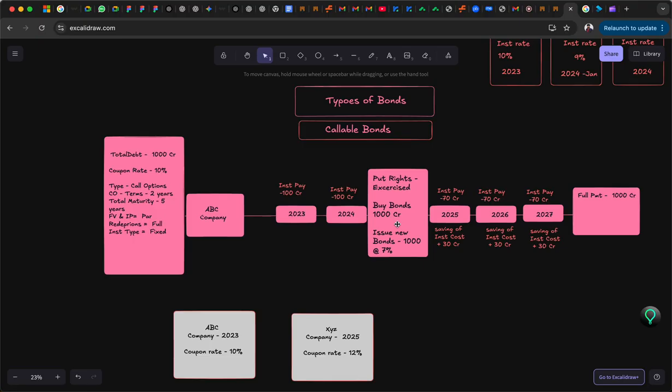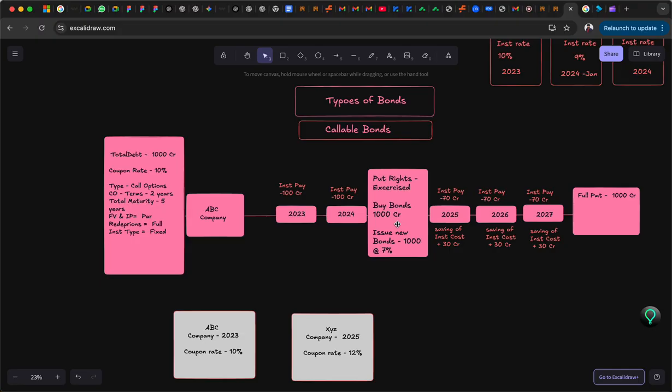So if interest rates rise, most investors will sell the bonds back to the company, because they want to participate in other bonds.